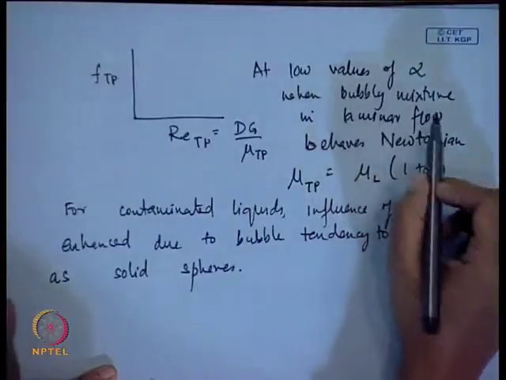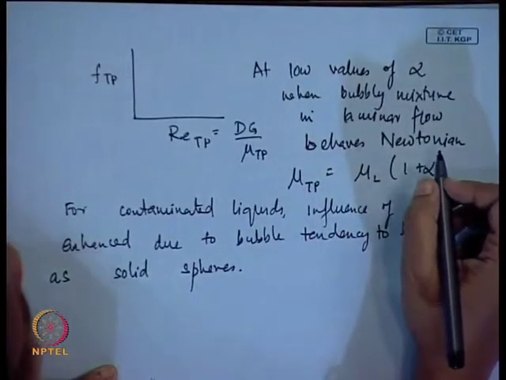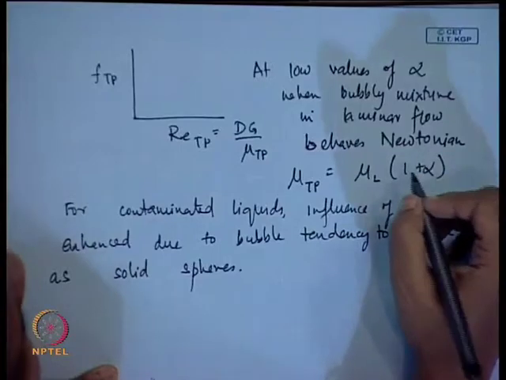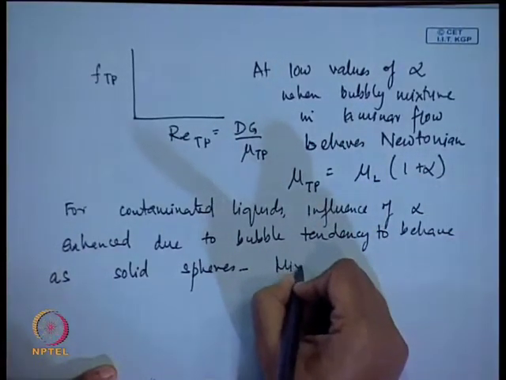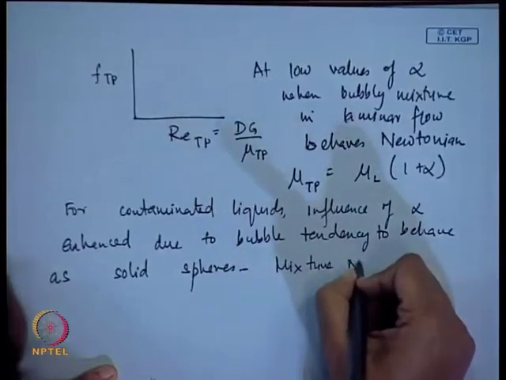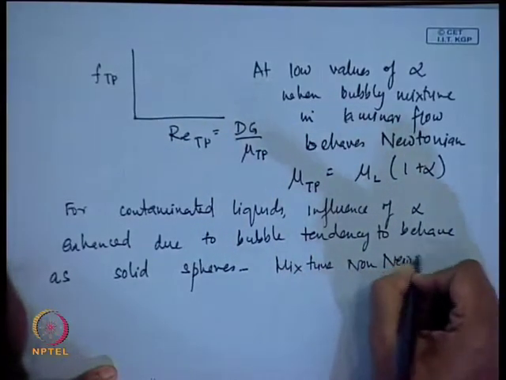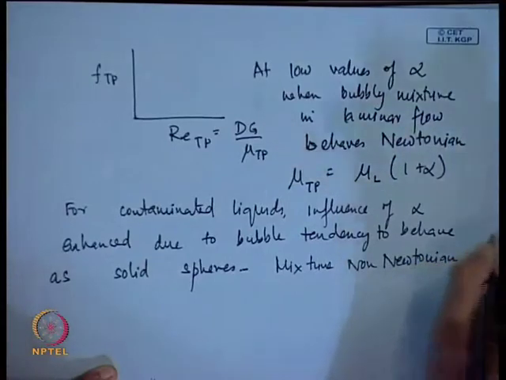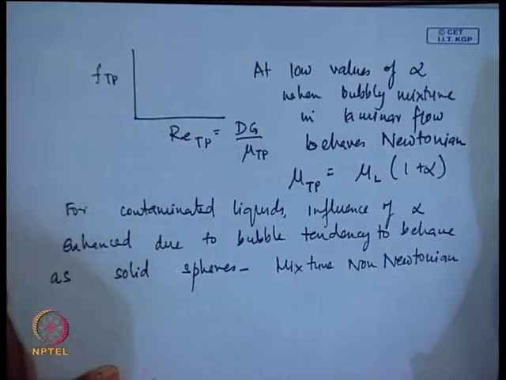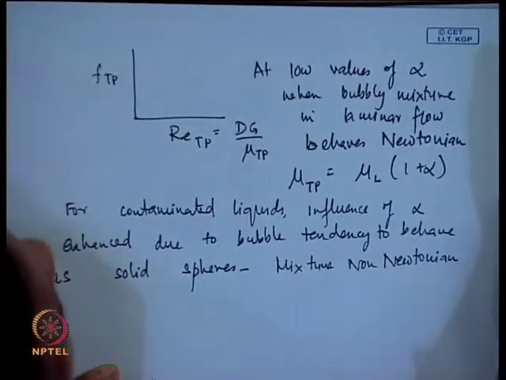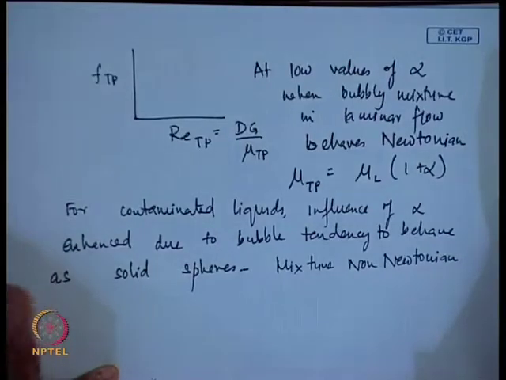Okay. So, under that condition, of course, we cannot say that the bubbly mixture is in laminar flow, and under that condition the mixture exhibits non-Newtonian behavior. It can exhibit a yield stress, it can exhibit a decreasing apparent viscosity with increasing shear rate, it can also exhibit certain other electrical effects and so on and so forth.